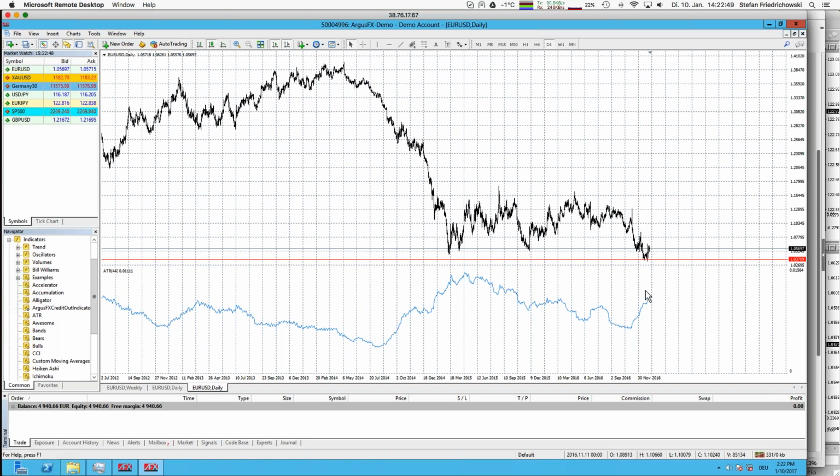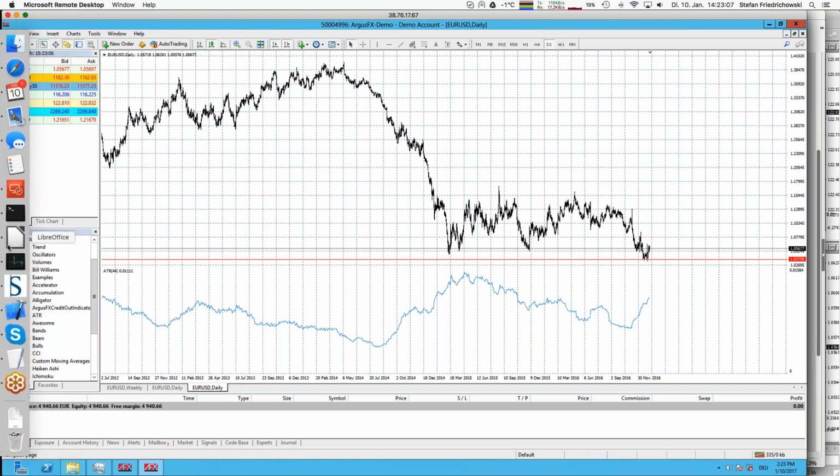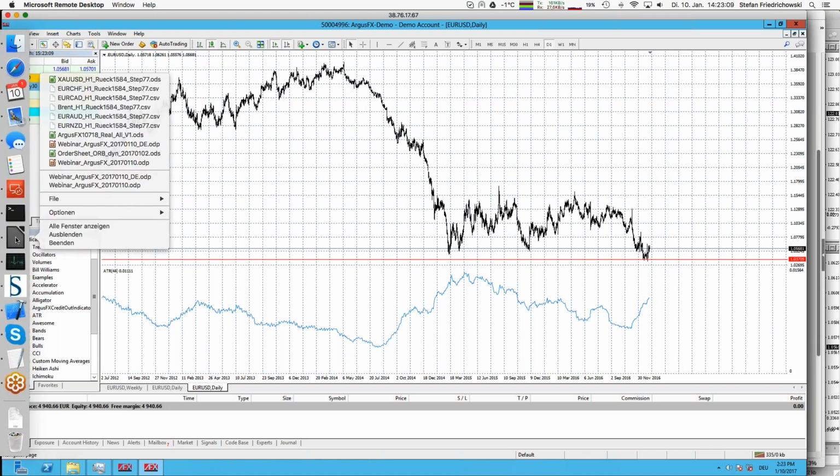So that is the reason for the increase within the last 2 months, for example. But to interpret it that way doesn't really help us; we can measure the actual volatility, and that is the purpose of that indicator. So that's the first indicator we will use.